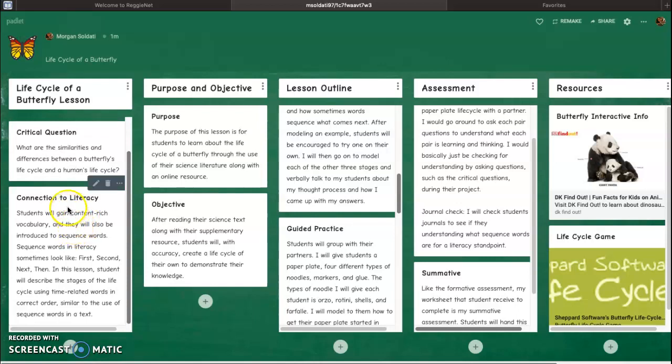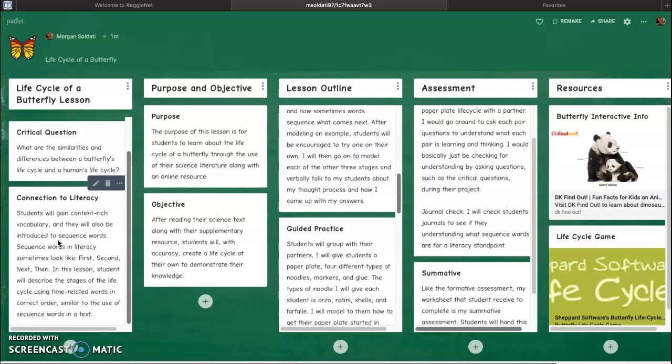But anyway, the connection to literacy: students are going to gain content-rich vocabulary, for example, pupa, chrysalis, butterfly, egg. So they're going to learn new terms along the way through this lesson. And they are also going to be introduced to some sequence words. When I'm talking about sequence words, I mean like first, second, third. We talk about these when we're writing a paper.